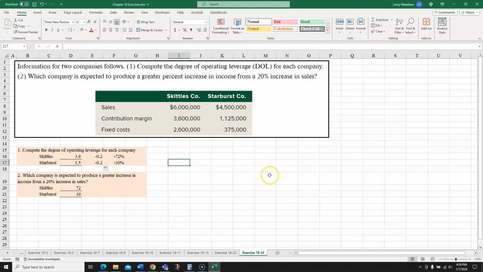So the degree of operating leverage works both ways. If I have an increase in sales, the higher the degree of operating leverage, the higher the increase in income. But it also works in reverse. The one with the highest degree of operating leverage, if sales decline by, let's say, 10%, will recognize a larger drop in income than the company with the lower degree of operating leverage.